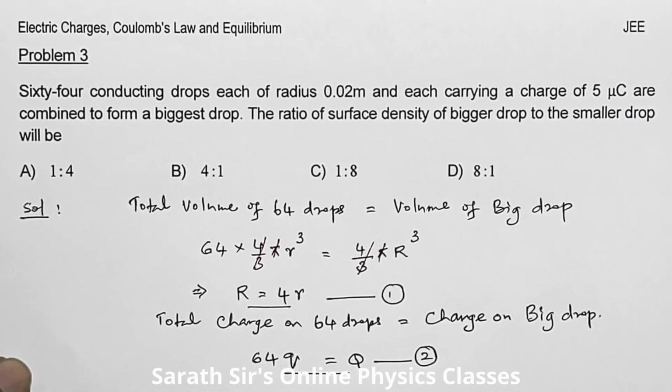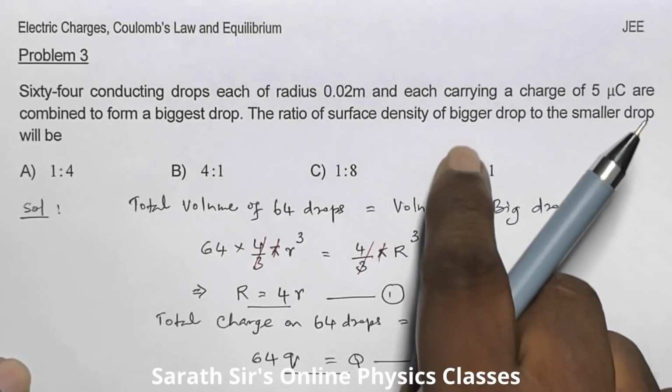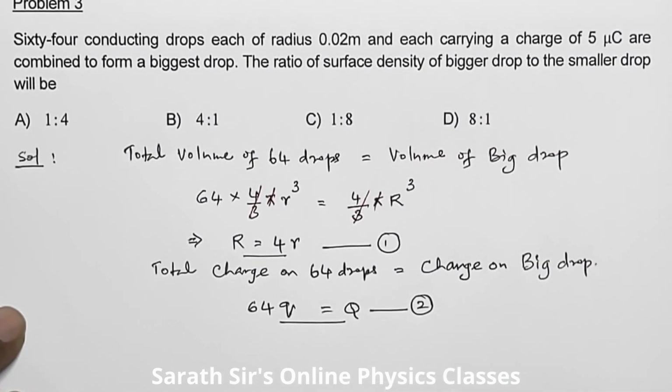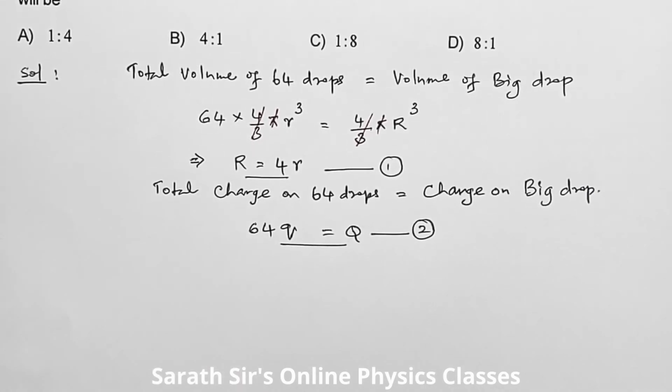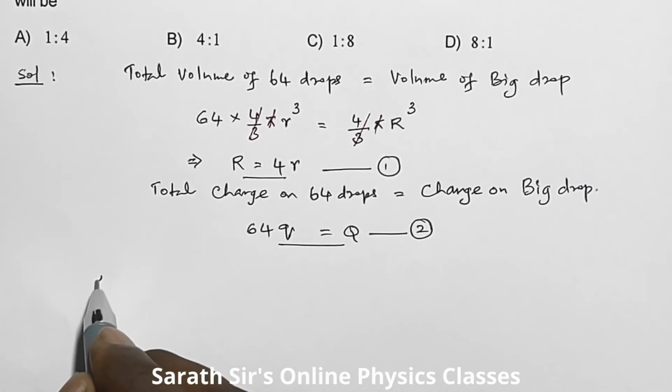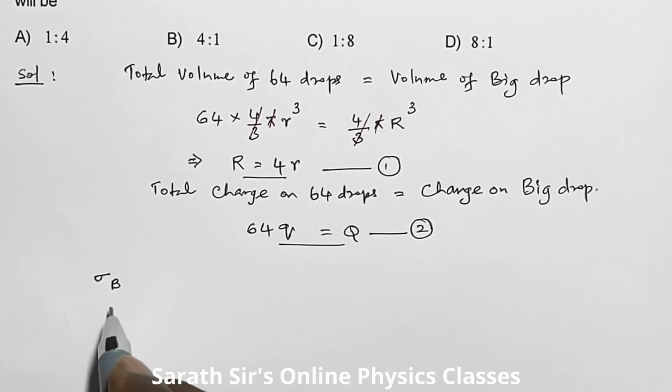So what we have to find? The ratio of surface density of bigger drop to smaller drop. So that we calculate. Surface charge density, sigma big by sigma small drop.